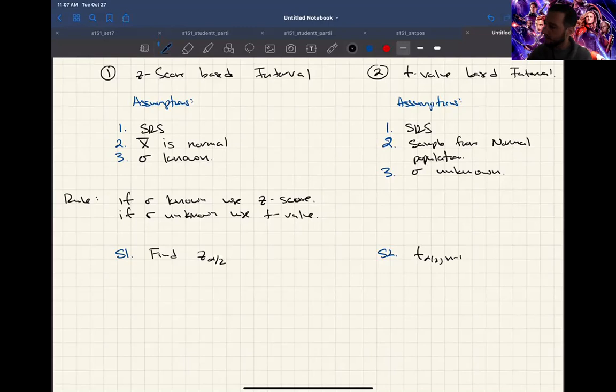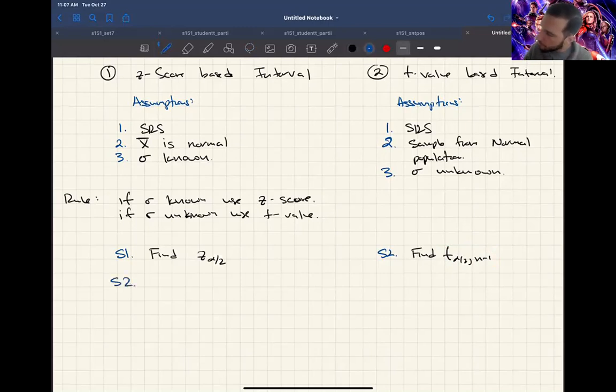With the z-score, we just have the area to the right of the score. With the t-value, we have the area to the right of the t-value and the degrees of freedom, which is calculated by taking n minus 1, the sample size minus 1.